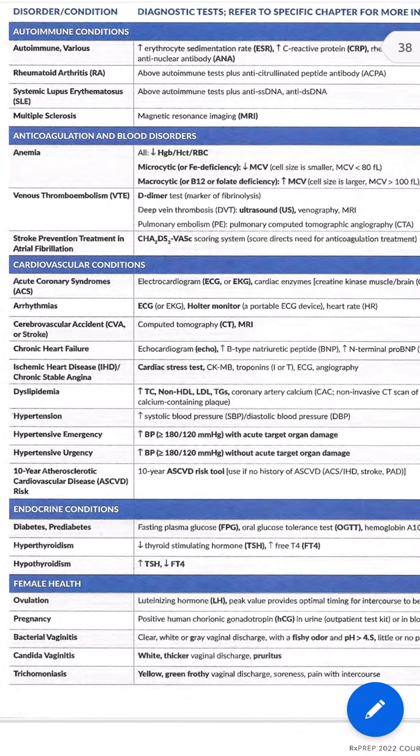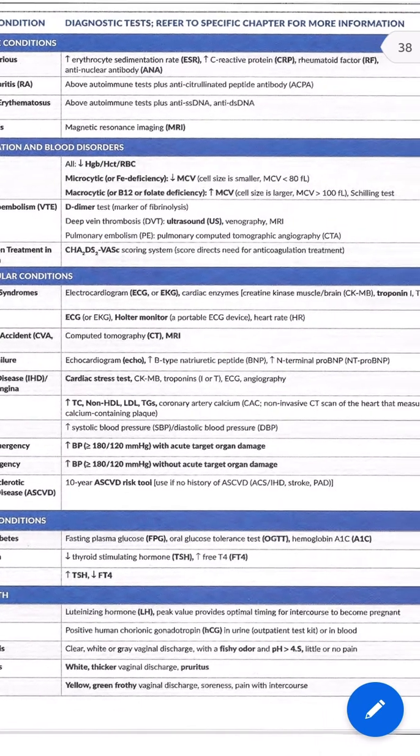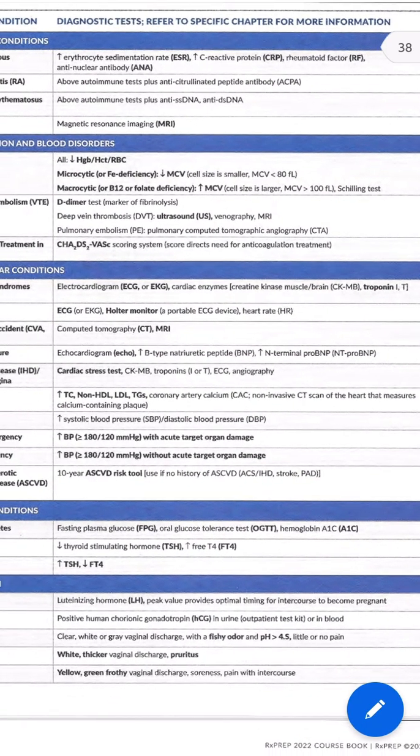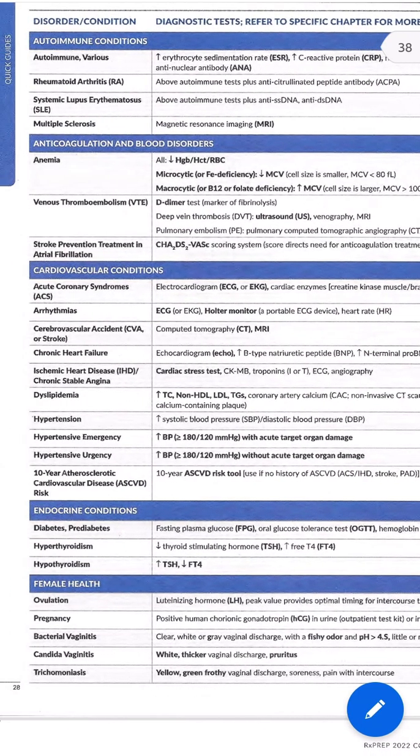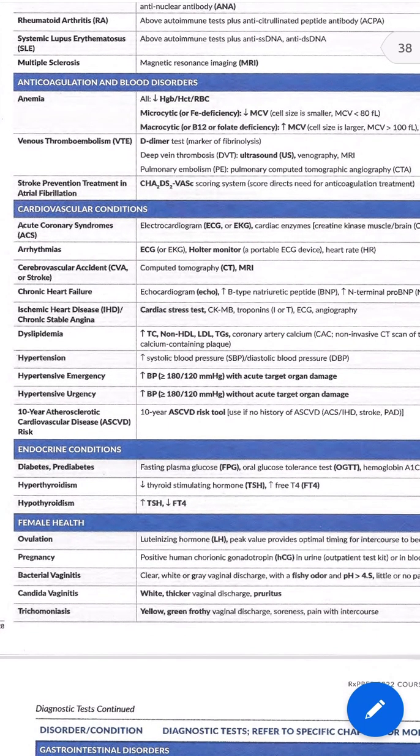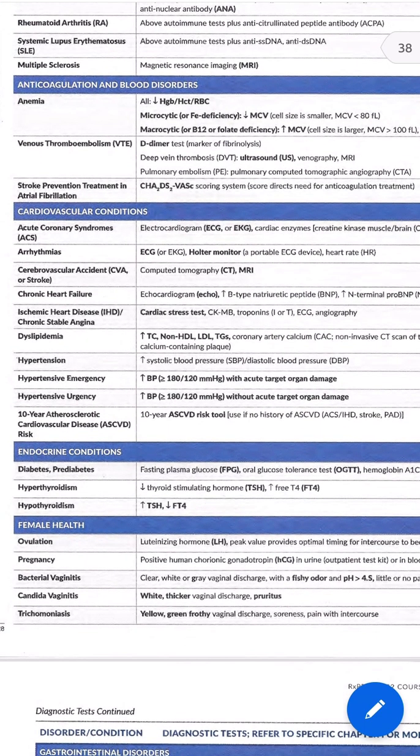Cardiovascular conditions. Acute coronary syndrome, ACS: you're using ECG or EKG, or troponin I or T. Arrhythmias: you're using ECG or EKG, Holter monitor.